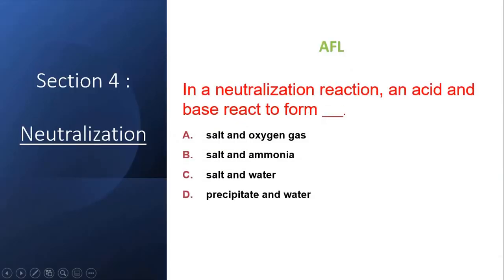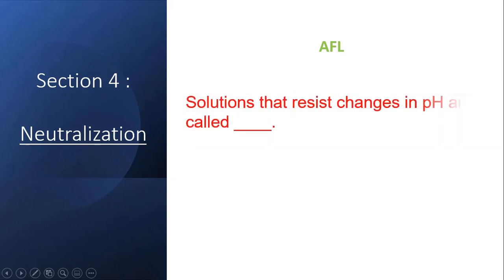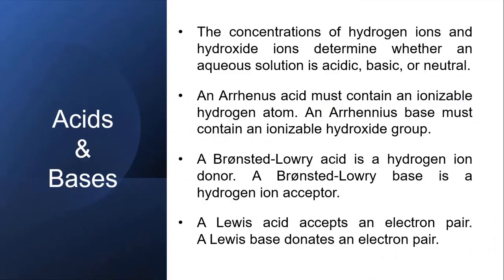Let's check our understanding. In a neutralization reaction, an acid and base react to form salt and water. That's easy. Solutions that resist the change of pH, we call them buffers. Direct question. We have a summary here. The concentrations of hydrogen ions and hydroxide ions determine whether an aqueous solution is acidic, basic, or neutral.